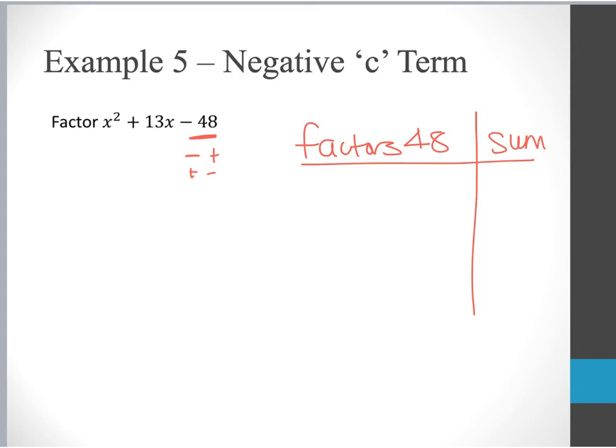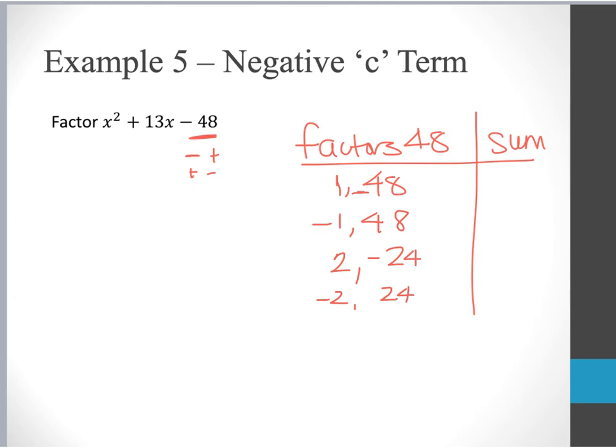So factors of 48, if I start out, I'll have 1 and 48. Now I will have to make one positive, one negative, so I'll make it a positive 1 and a negative 48. But that also means I could have a negative 1 and a positive 48. Then I'm going to look at 2 and negative 24, which means I could also have a negative 2 and a positive 24.